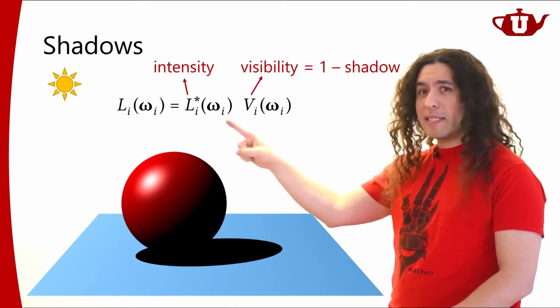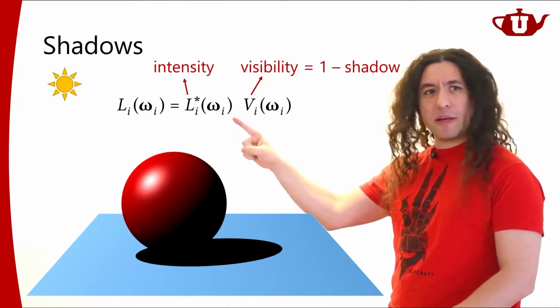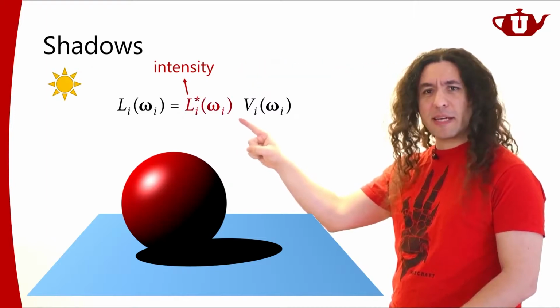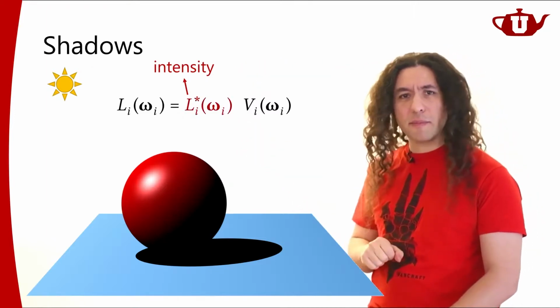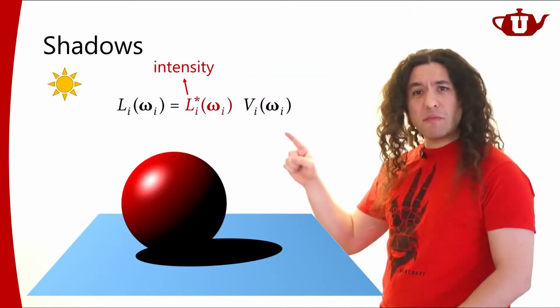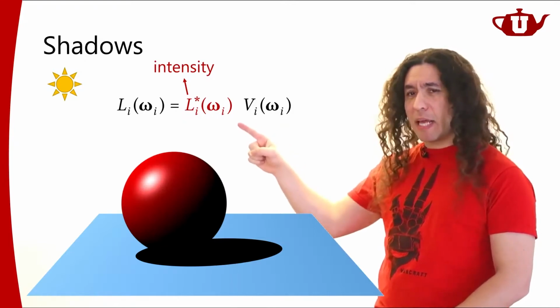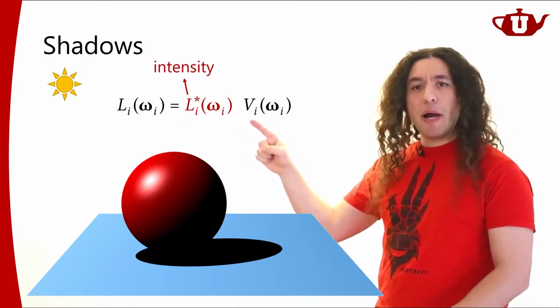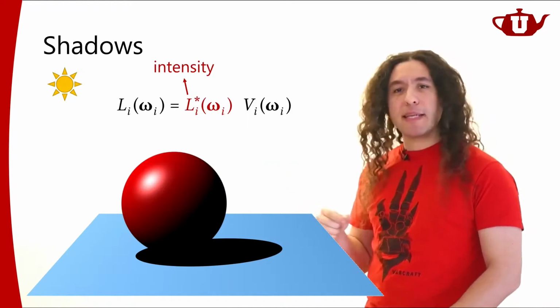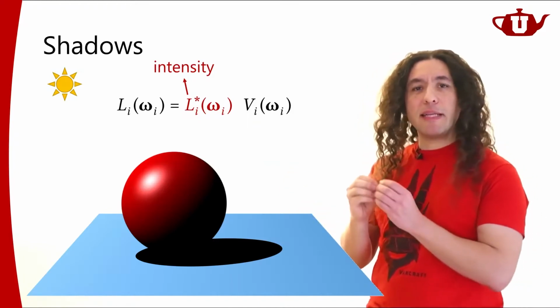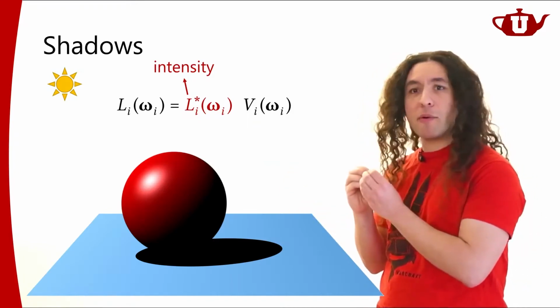All right, so let's take a look at this intensity term a little bit. When we talk about light intensity, we're actually talking about the light intensity at the point that we're shading.